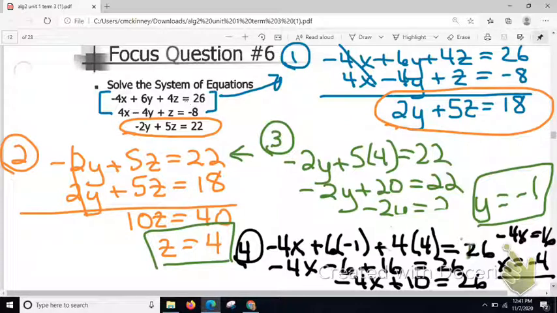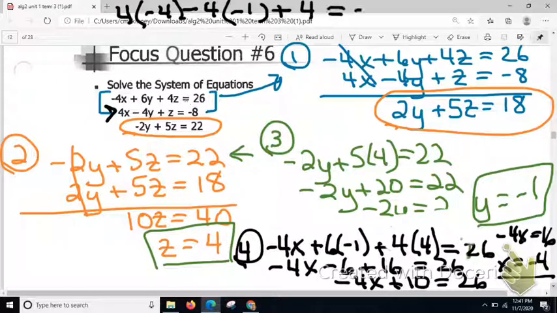And then I would put all 3 of them in to the second equation, not the very first one that I just used, but the second equation, to make sure it works. So this is my check: 4 times negative 4 minus 4 times negative 1 plus z, which is 4, lots of 4's here, should be equal to negative 8.